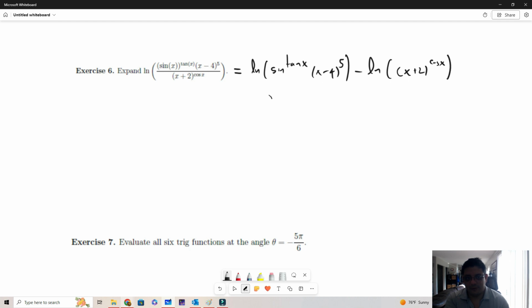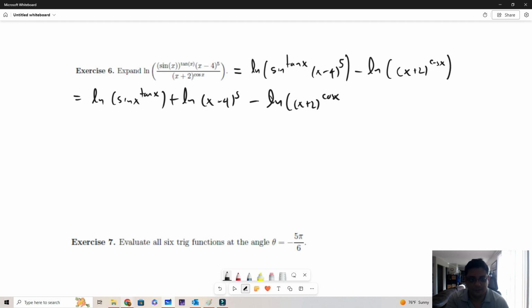The next property that we can use is the product. The log of a product is the sum. So this is log of sine of x to the power tangent, plus log of x minus 4 to the power 5, minus log of x plus 2 to the cosine of x.